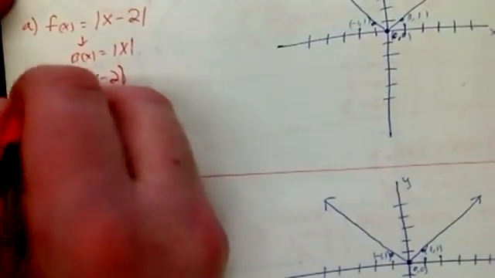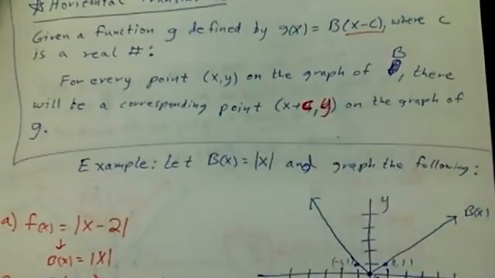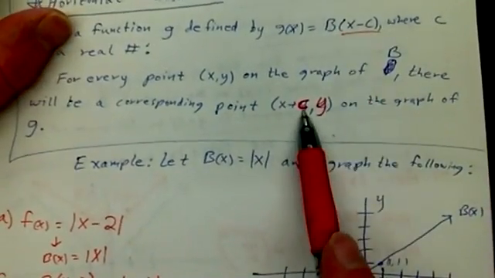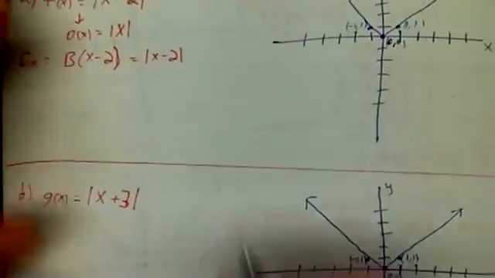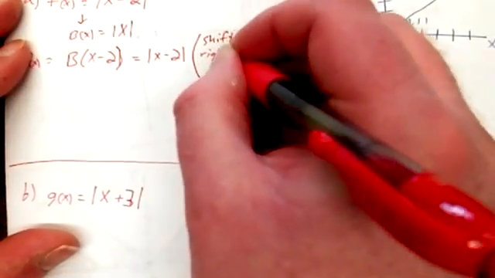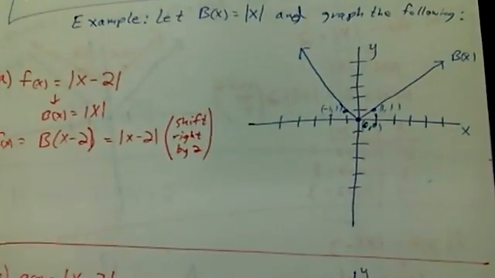That's going to be our f of x. That's exactly what we want. And according to what I have up here, it's actually going to shift to the right. I'm actually going to add to the x value. So shift right by 2. If I shift right by 2, then I'm adding 2 to the x values.